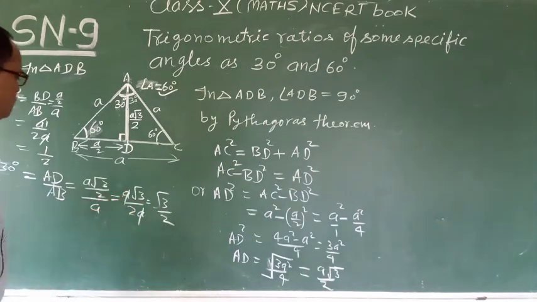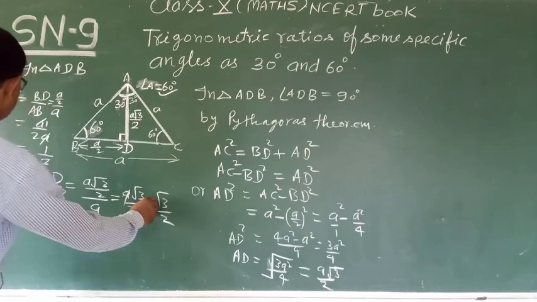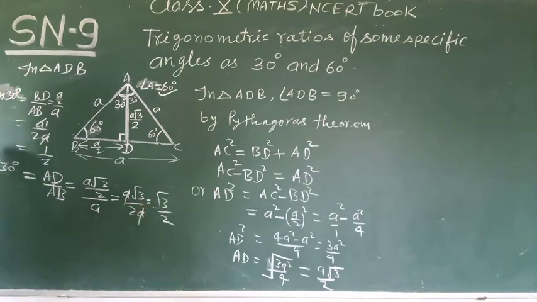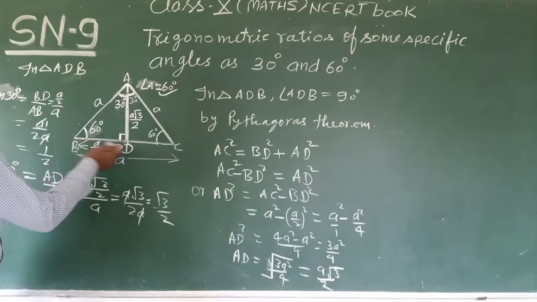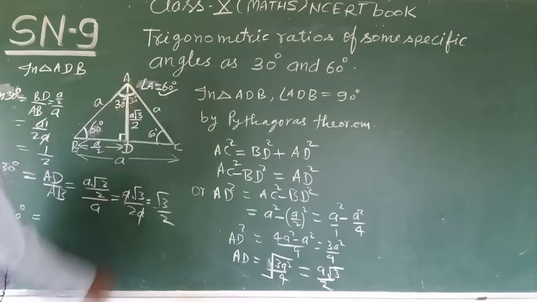Okay student, these are very important values: sin 30, cos 30, and after this tan 30 degree. For tan 30 degree, this is the perpendicular line and this is the base, perpendicular by base.